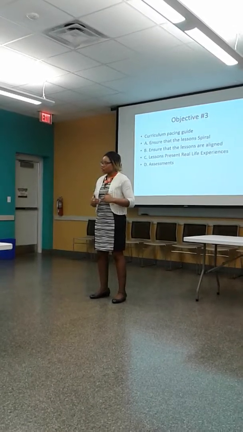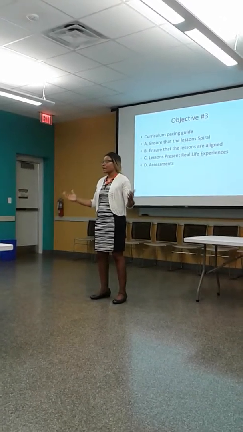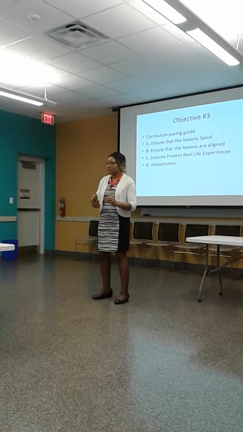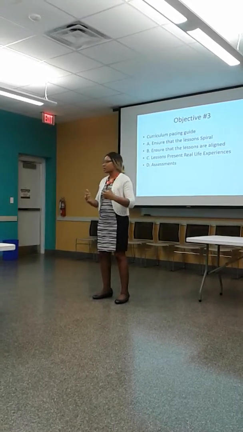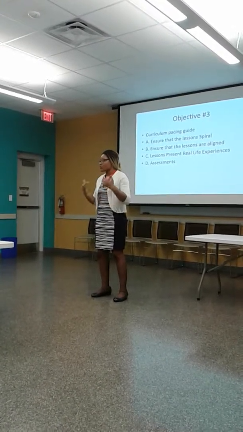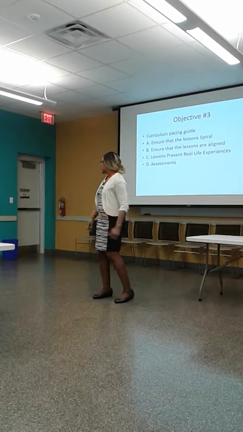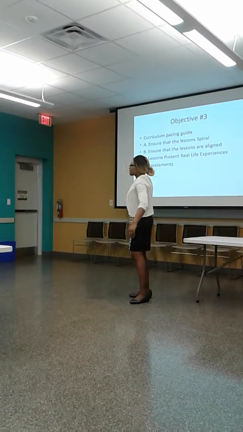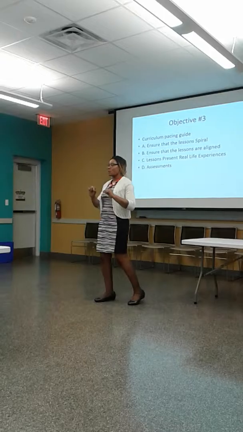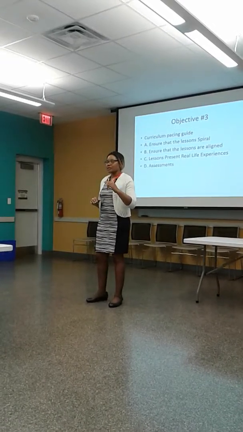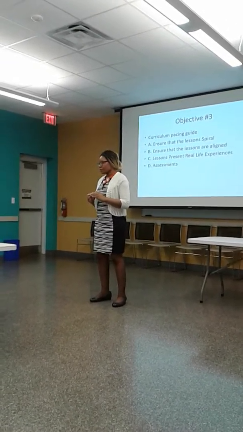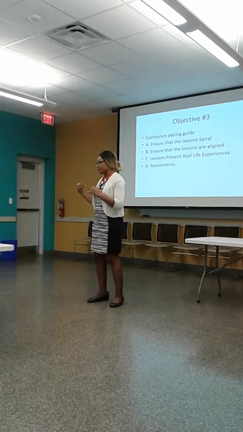And then we have our intervention groups, because some individuals may not grasp it the first time. You have to differentiate, you have to scaffold, you have to come up with different plans for students to become successful. And so with this pacing guide, we ensure that the lessons are spiraled. So when we look at different curriculum, okay, we have our committee, now we're analyzing the curriculum.